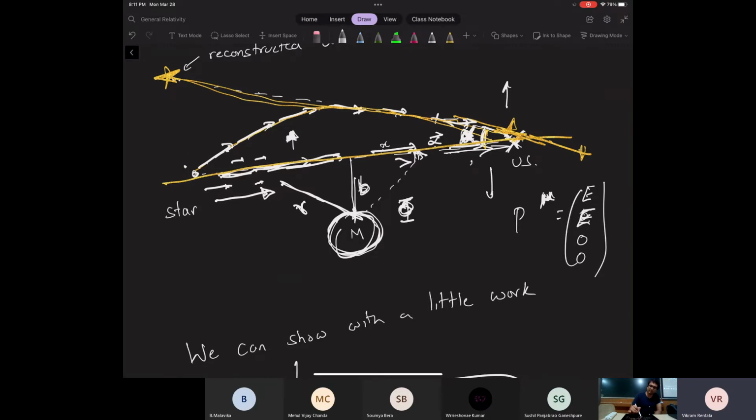This distance is b from the center of the mass, and I'll denote the coordinate of the light particle as x, where x equal to 0 is this point of closest approach. Initially we'll assume it starts at x equals minus infinity and ends at x equals plus infinity. So it starts very far from the gravitational potential on one side, and ends very far from the gravitational potential on the other side.